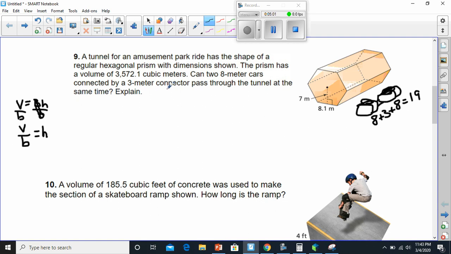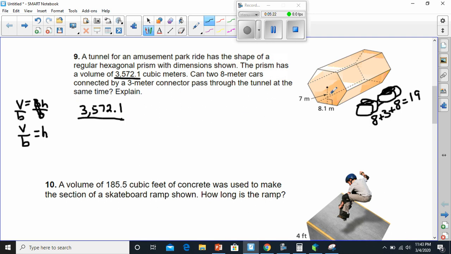Well, we already know what the volume is because it gives it to us right here. So we can rewrite this as 3,572.1 divided by the base. Now we have to figure out what the base is.